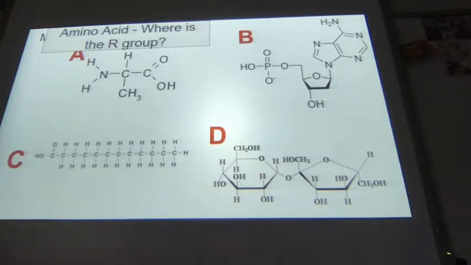A codon is the one that's on the mRNA. The anticodon is the one that's on a tRNA that matches up with it. It's the opposite of it. Well, then what do they do once they match up? Then the tRNA will leave that amino acid there because it's the correct one. So it's basically like here comes the tRNA, here's the mRNA. tRNA goes, oh, my anticodon matches that codon.